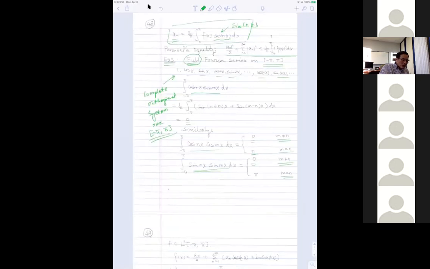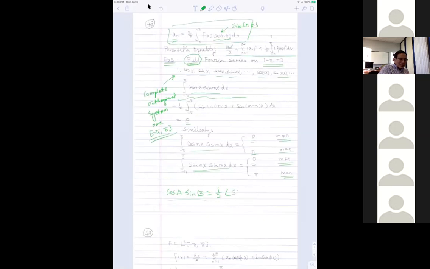What is cosine A sine B? What formula did we use? Sydney, do you remember the trig identity that we use to evaluate this integral here? No, I don't remember it off the top of my head. Okay, no problem.